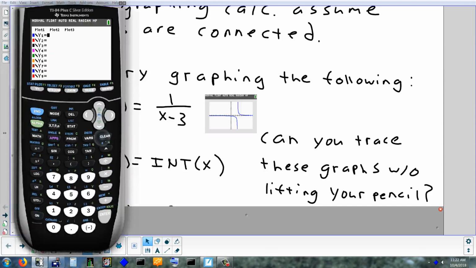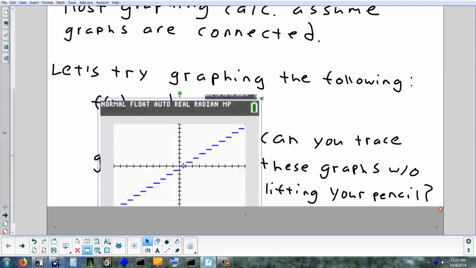Let's look at the integer function. I think we've looked at this. Well, maybe we looked at it. If we haven't, you don't have to know too much about it. I just want you to see the picture. You definitely can't trace that without lifting your pencil off the paper, because it's almost like a set of steps. Now, if you graph it on an older calculator, it'll try to connect those steps, but they shouldn't be connected.